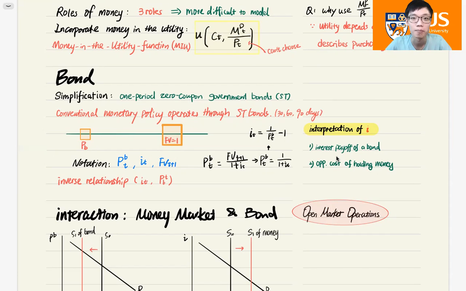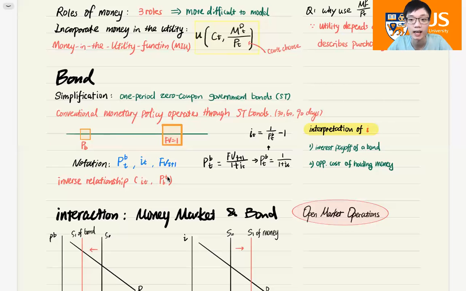The second best thing you would do is to buy a bond. Buying a bond gives you a return. Holding money doesn't give you a return. So there's an inverse relationship between i_t and the price of the bond at time t.